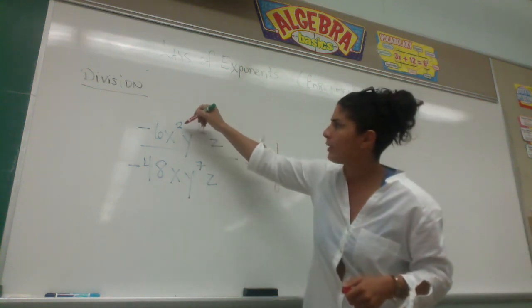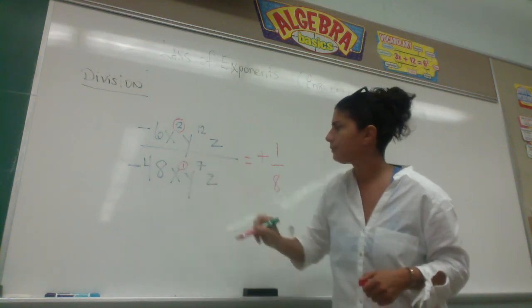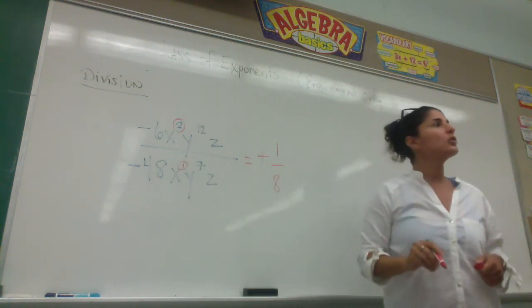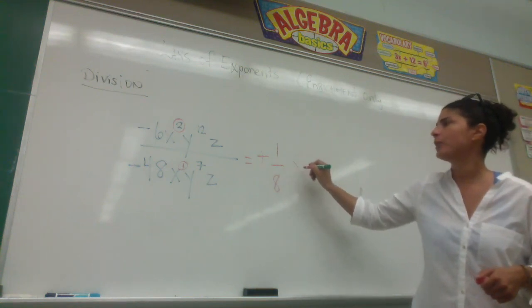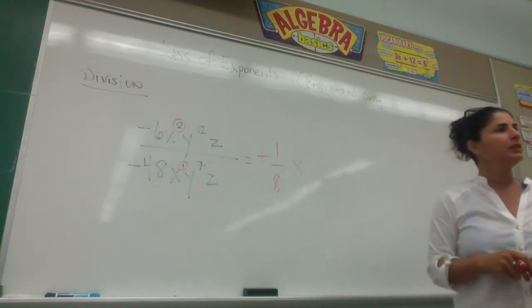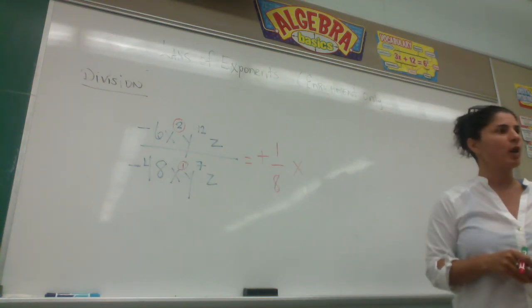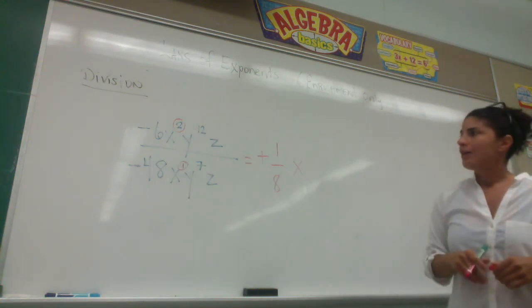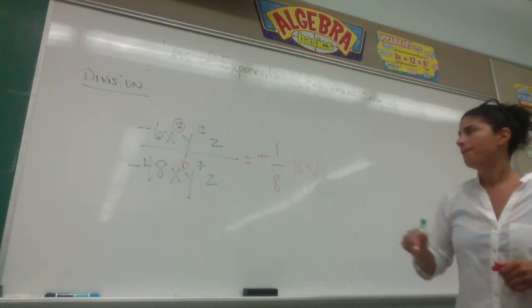And what would I do with this number and the invisible 1 here? What would you do with those? Subtract. So 2 minus 1 means that I'm left with x to the power of 1. I don't need to put the power of 1 because we just assume that it's 1. Y, I would have y to the 5.